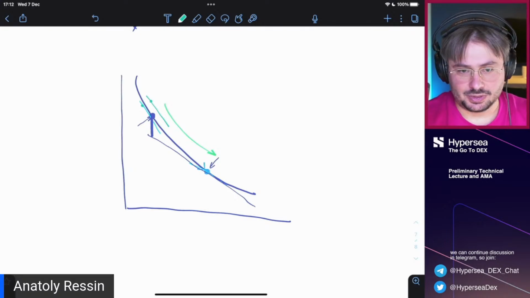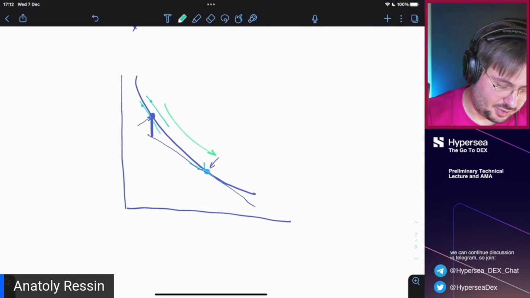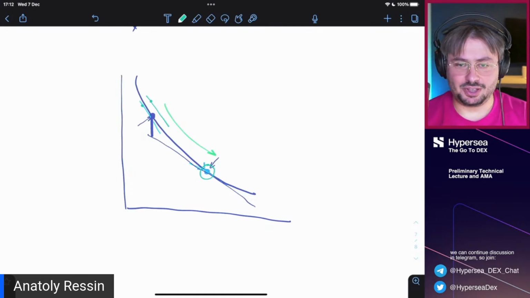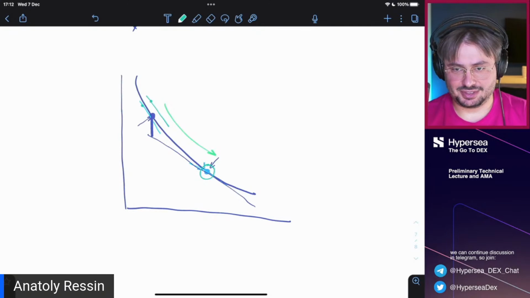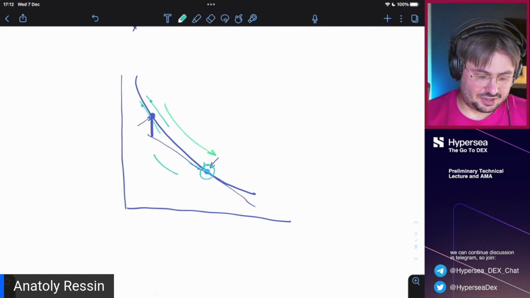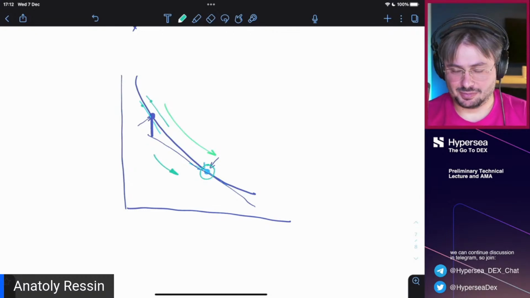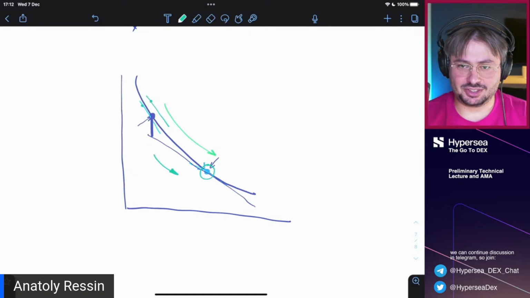If we would update the price at the place where we are, it is a very dangerous situation, because it means that if nobody arbitraged us back, then something suspicious is happening. Probably somebody knows something that makes it beneficial for them to move in that direction. And maybe others are thinking the same, and that is why they are not arbitraging us back.